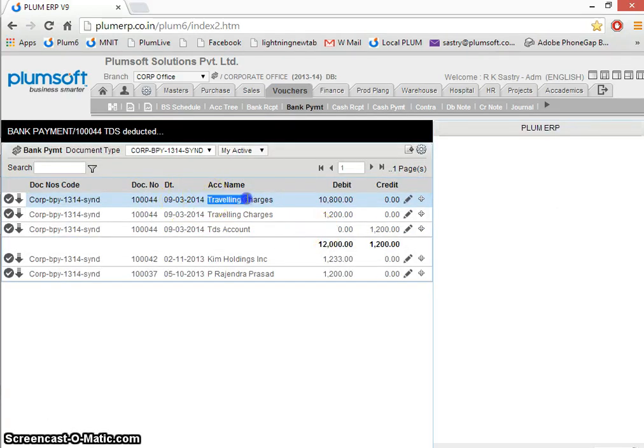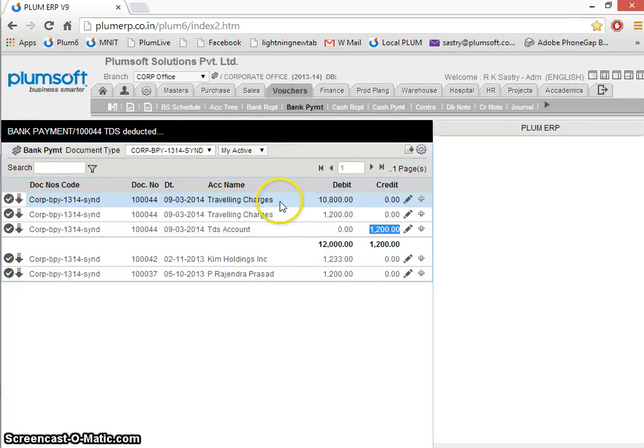You will notice the travelling charges, which were 12,000, have become 10,800 and 1,200. So that when you see the ledger, it will be very clearly available whether you have deducted the TDS for the specific transaction or not. TDS stands for tax deducted at source. This is very important because failing this you may be subject to penalty by the government.